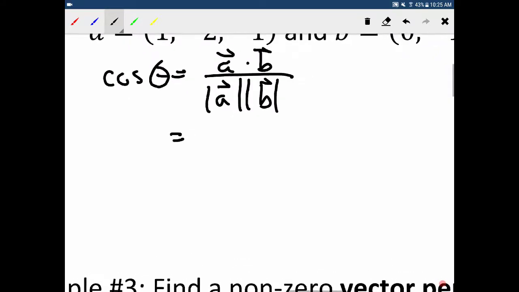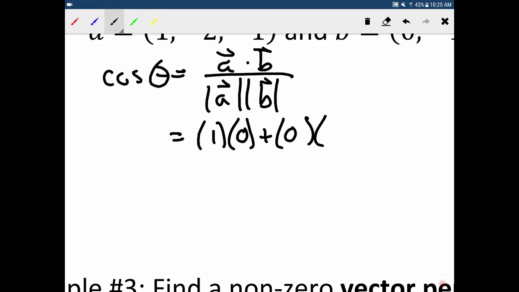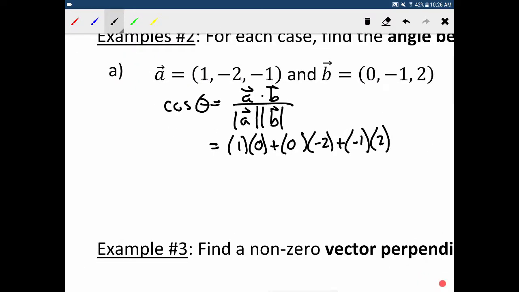So I'll have 1 times 0 plus 0 times negative 2, and then plus negative 1 times 2. Let me just zoom out and make sure that I did that right, because I can't actually see the question anymore.